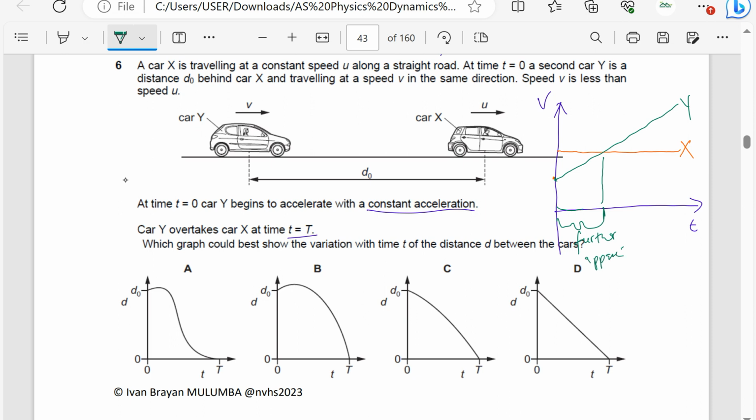Then, when the speed of y is equal to the speed of x, at this point the speed of y is equal to the speed of x. So in this region here, let's say there is catching up somewhere here. So here we have catching up.